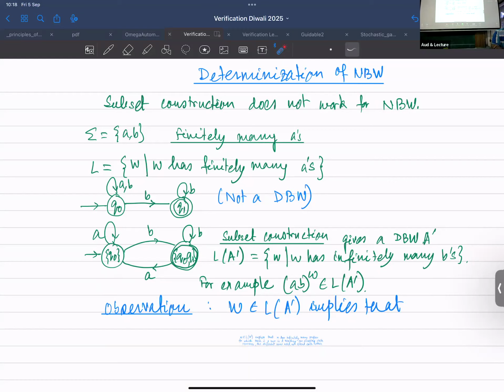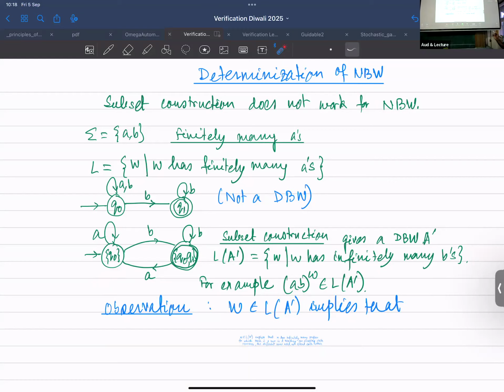Infinitely many B's, which is not the same as the one we are looking for, finitely many A's. Why? Because if you consider A B omega, it belongs to this automaton, whereas it should not be in the language that we are looking for.